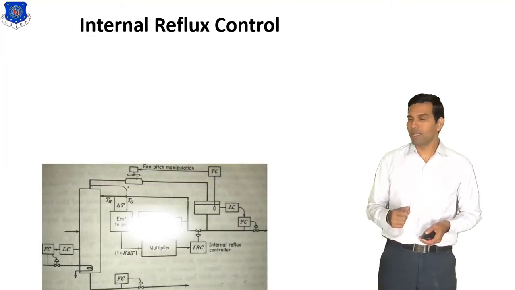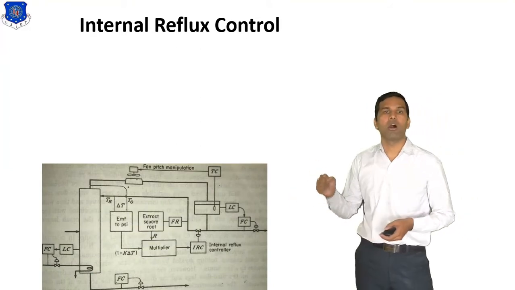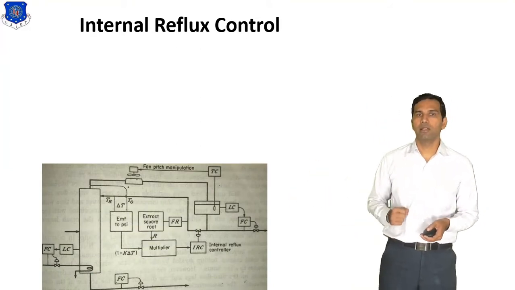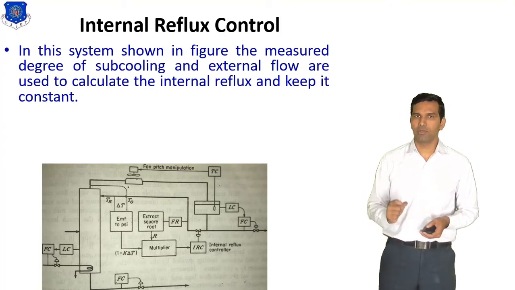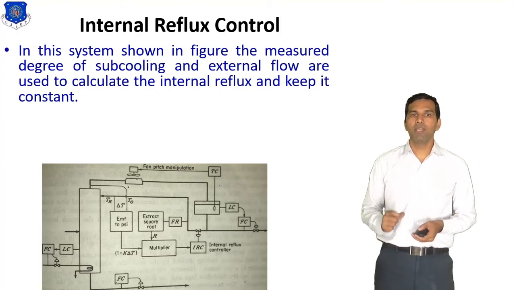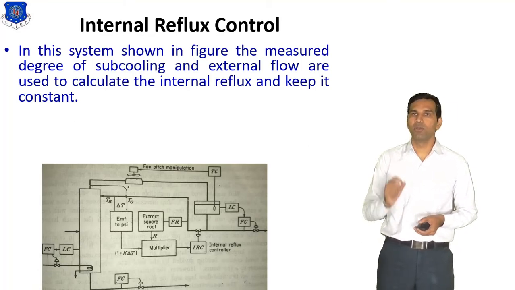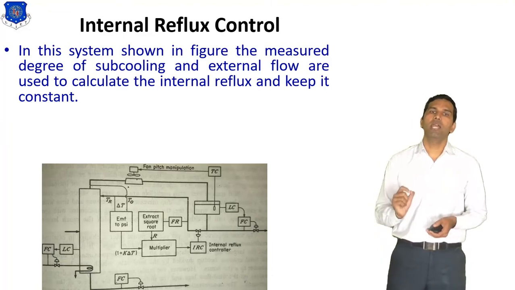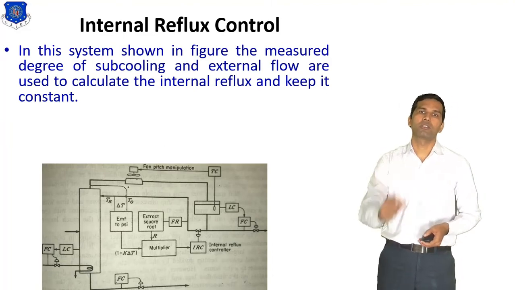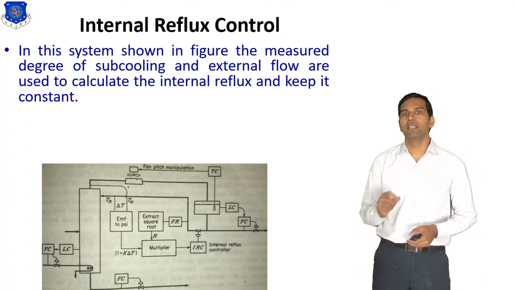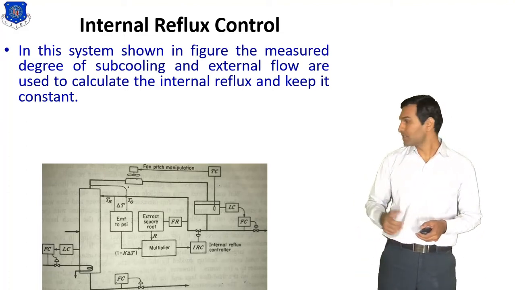This is the diagram of the second method of controlling the internal reflux. In the system shown in the figure, the measured degree of subcooling and external flow are used to calculate the internal reflux and keep it constant. Now we understand by using this diagram.